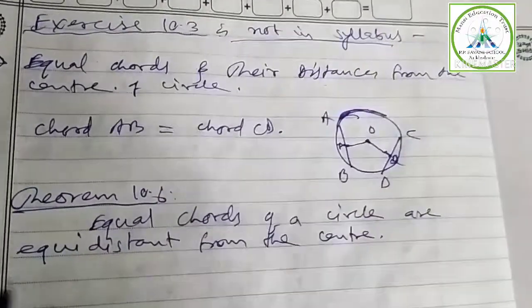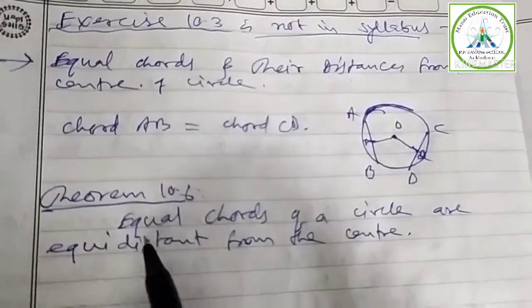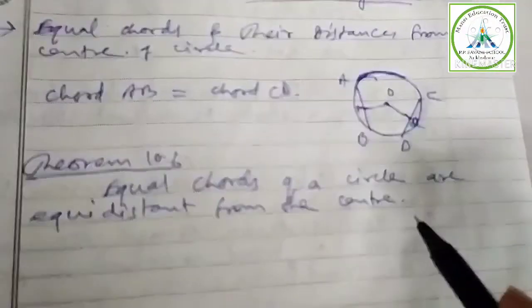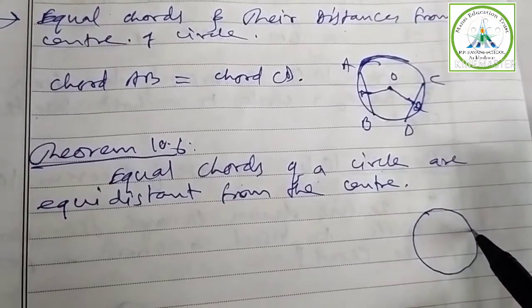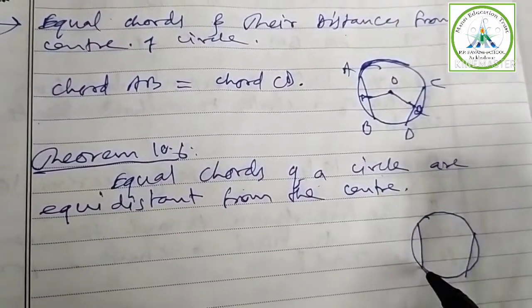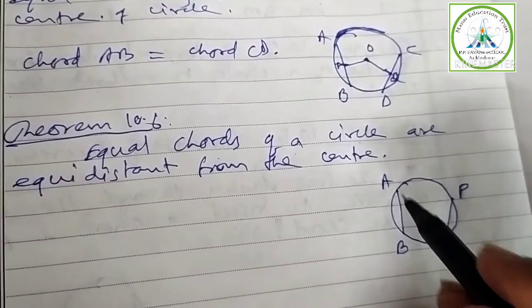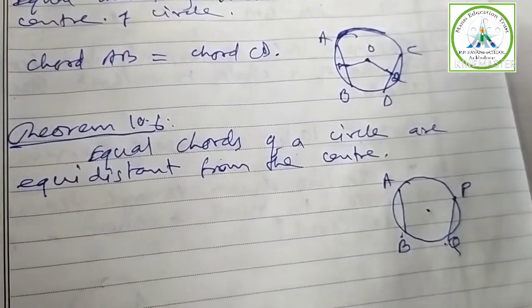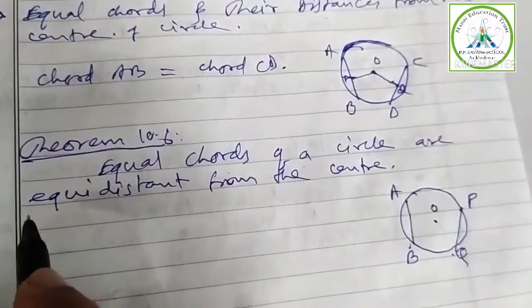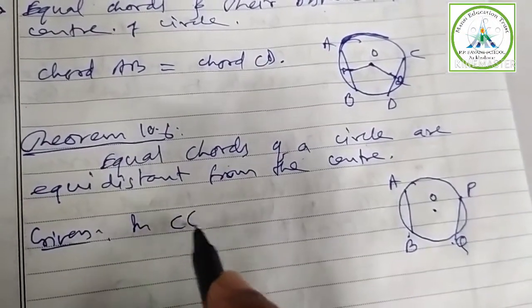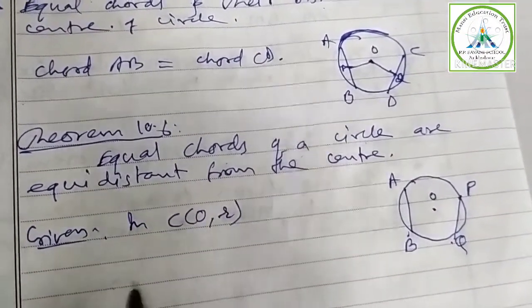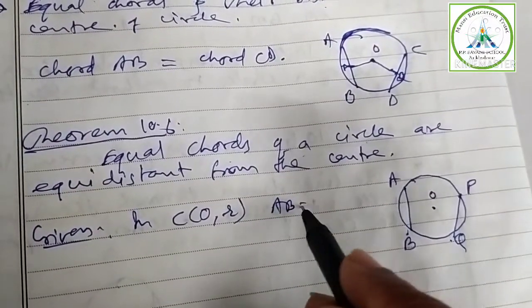Now look here, if this is a theorem, we can prove it. Equal chords of a circle, what is given to you? A circle is given. Equal chords means 2 chords are given to you, they are equal. Suppose I am writing chord AB and chord PQ are equal, center O. Now let us write given: in a circle with center O and radius R, AB equal to PQ.